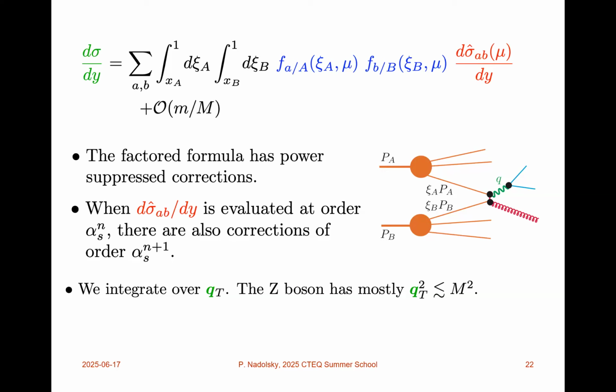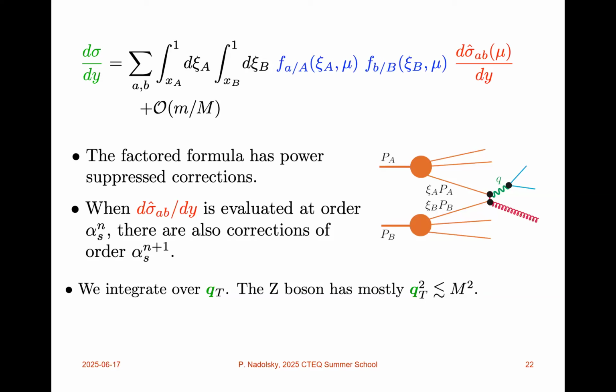So then if we look at the formula, continue looking at this formula again, this formula contains the factorized expression for the leading power term, but there are also some power suppressed corrections that go like small m or small lambda QCD divided by the capital M or Q, right?